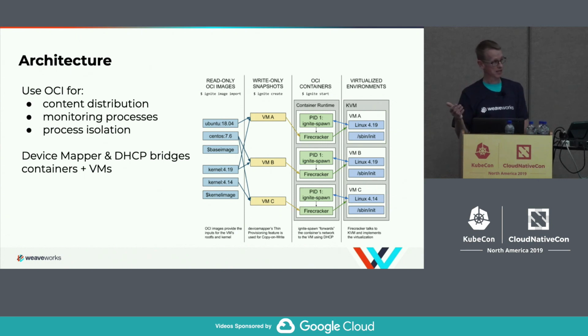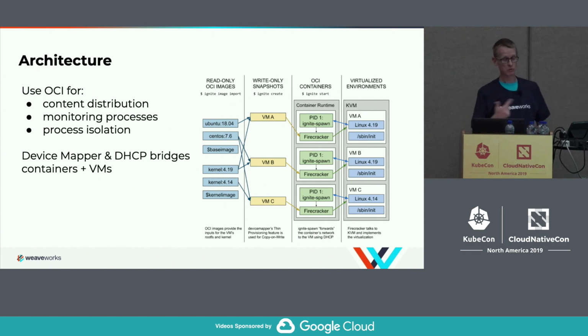We started this OCI container that you can see listed here, where the first process is that Ignite spawn that created the Firecracker, and then that created our KVM, we assigned the IP address, and poof, we have some VMs there. So OCI is a great standard, and we thought, why not reuse that here? So we're using that for content distribution, some monitoring of processes, and process isolation.